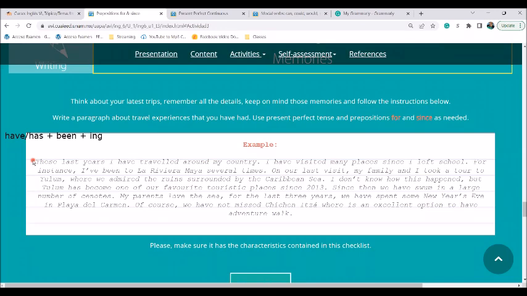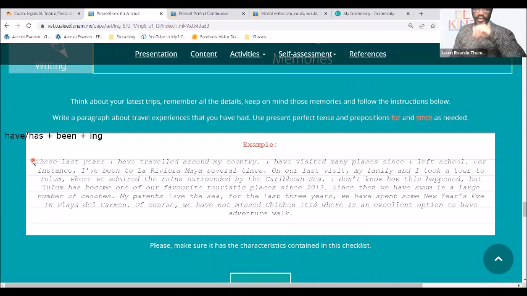My parents love the sea. For the last 3 years, we have spent some New Year's Eve in Playa del Carmen, of course. We have not missed Chichen Itza, where is an excellent option to have even to walk.